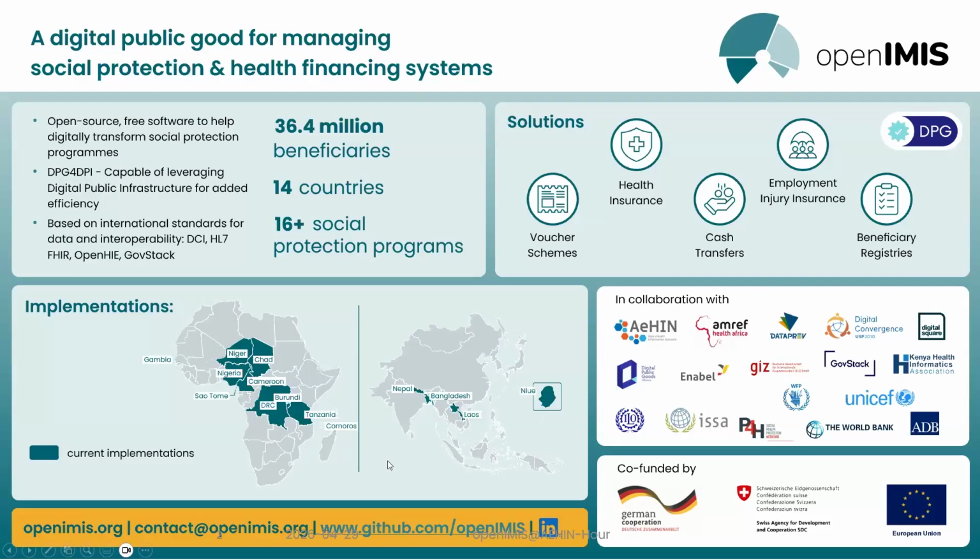In fact, we have no mandate to even do implementations ourselves. It's all run through other organizations, and they are picking up openIMIS as a solution for their problems. Main funding comes from the German government in a co-funding agreement with the Swiss government, and there are also some funding streams coming from the European Union.